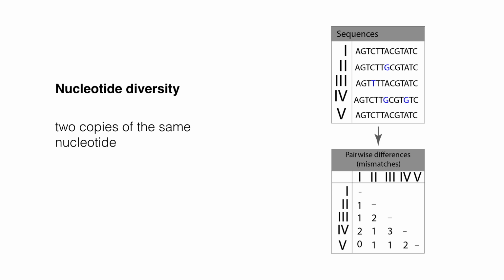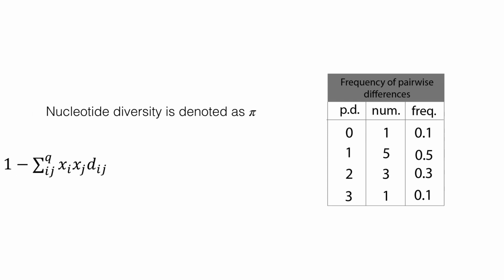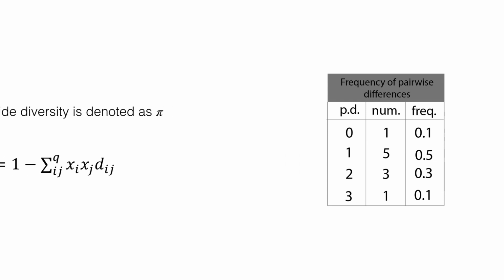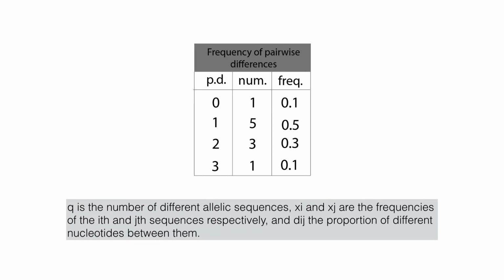The advantage is that the expected value of nucleotide diversity is independent of sample size. Nucleotide diversity is denoted as pi, and it looks at the frequencies of different alleles and the proportion of different nucleotides between them.